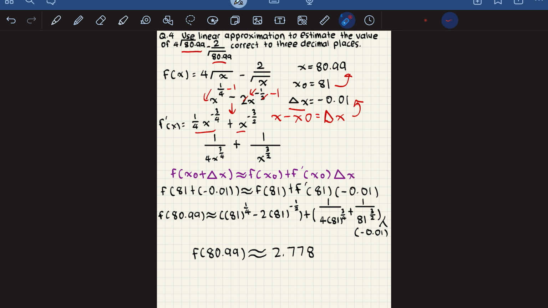Then we bring our f(x) function into our f, and we bring our f prime function into our f prime. Then we'll simplify using our calculator. Then we will get the answer f(80.99) approximately 2.778. We need to use 3 decimal places as the question stated.